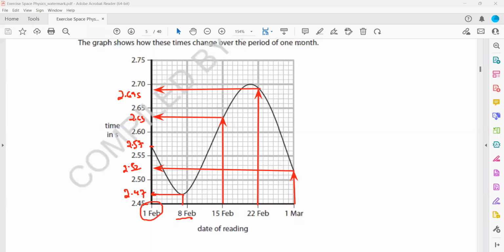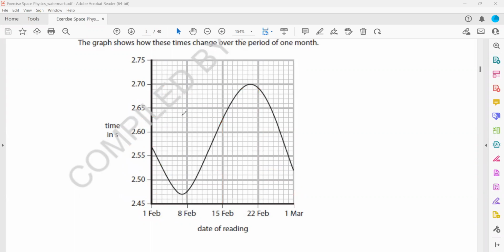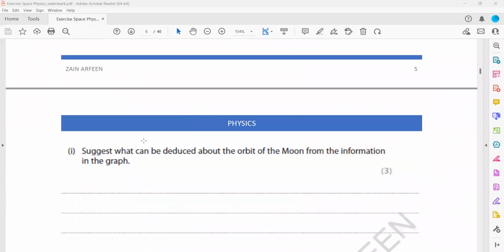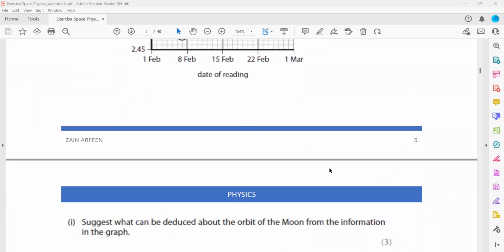What can you say about this pattern, what conclusion can we draw from this table, this chart, the graph? Suggest what can be deduced about the orbit of the moon from the information in the graph.